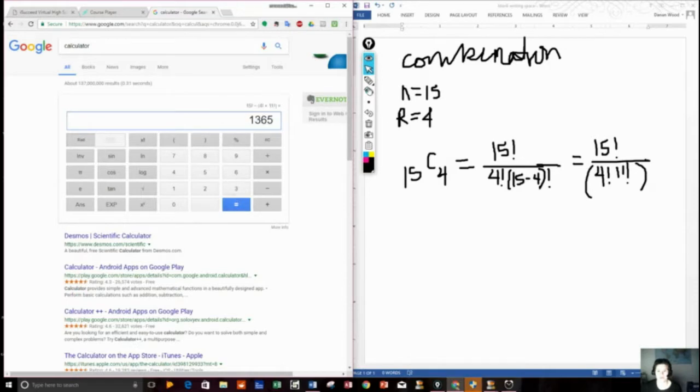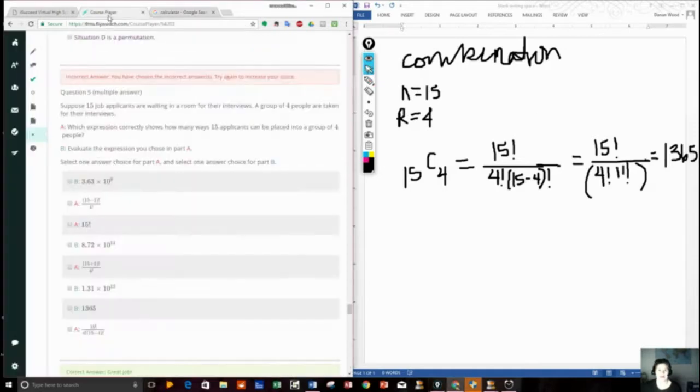That's going to equal 1,365. Okay, so for A we have 15 factorial divided by 4 factorial times 15 minus 4 factorial. And then for B we have 1,365.